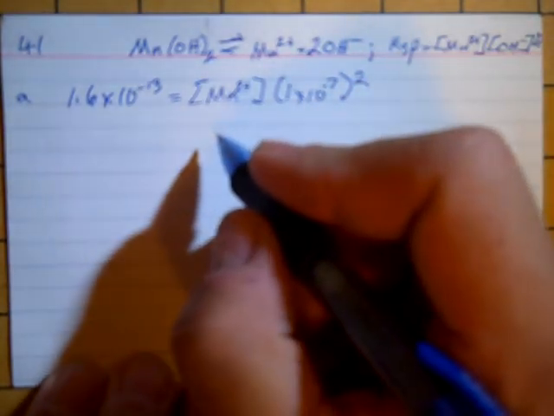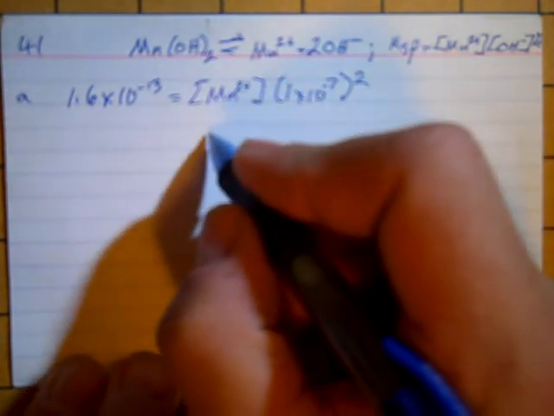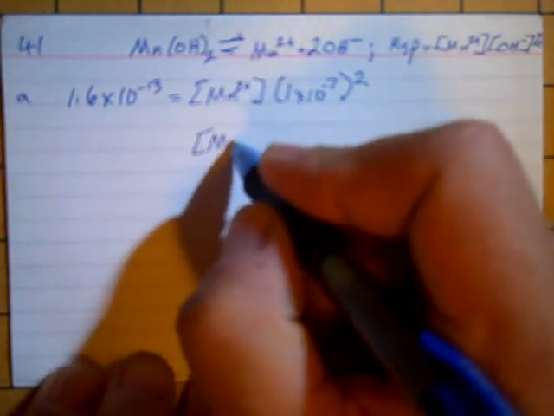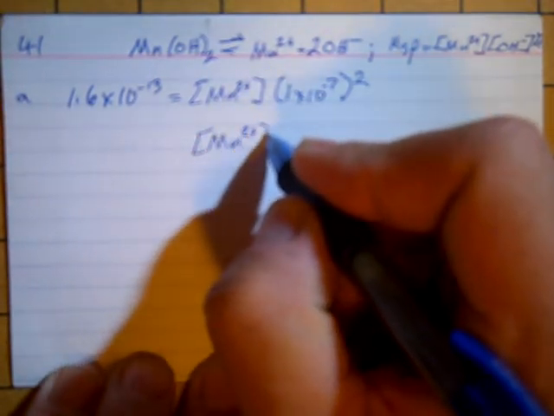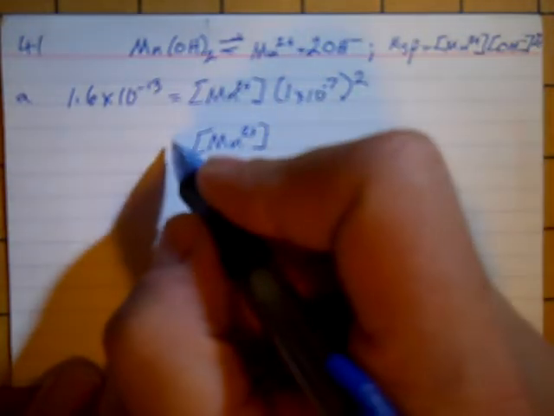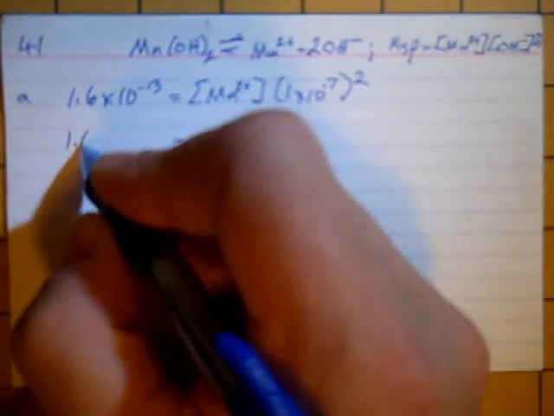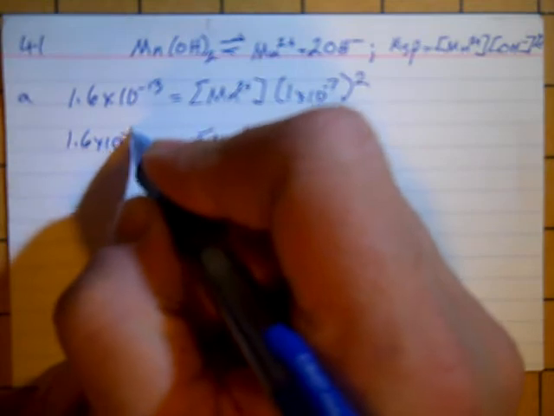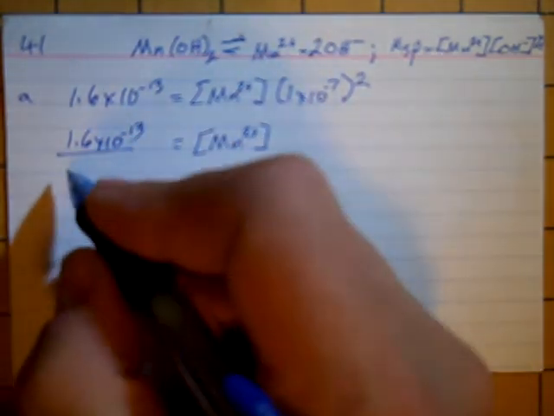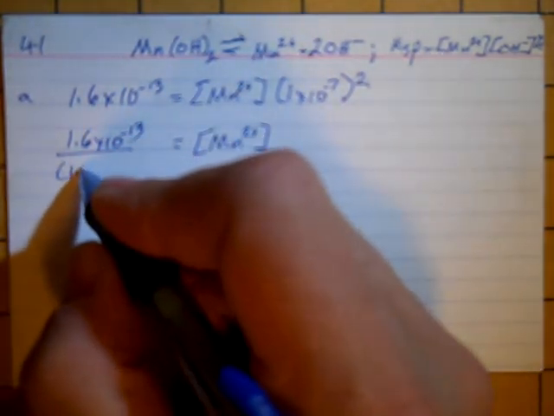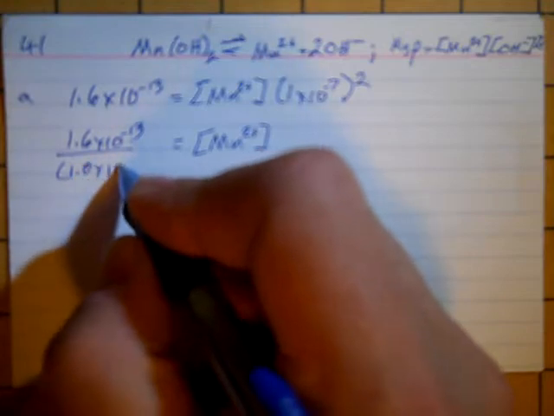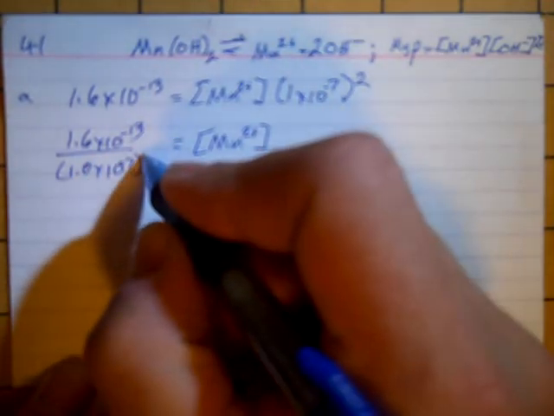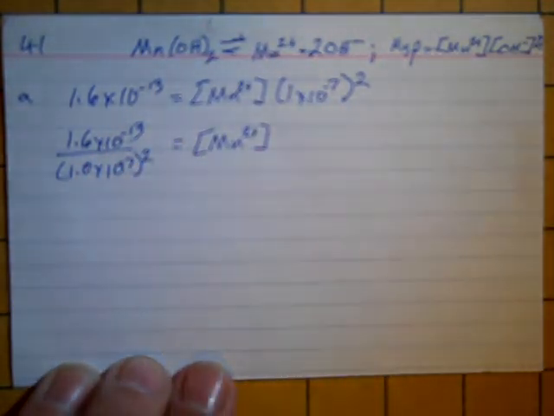So for A, the concentration of the manganese ion is going to equal the Ksp divided by the concentration of hydroxide squared.